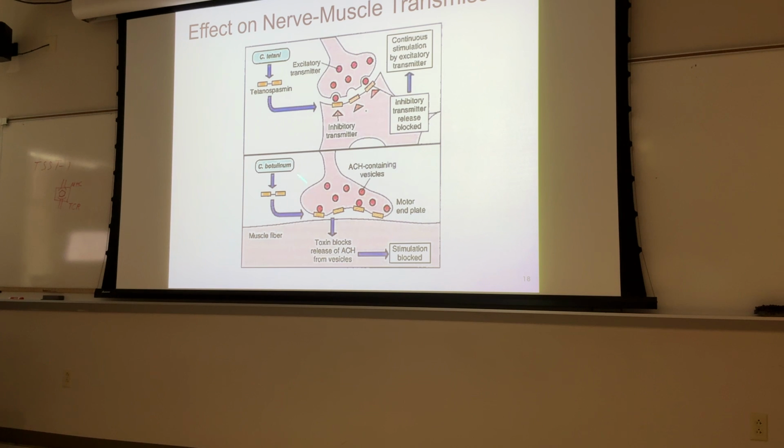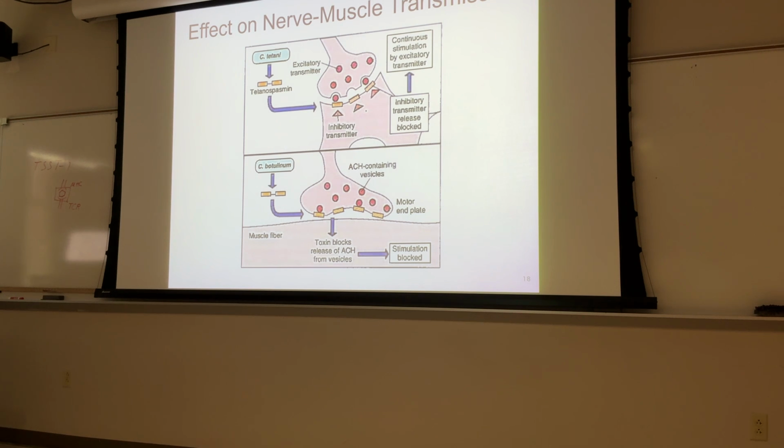This is how tetanus and botulinum toxins work. Clostridium tetani, again, makes the tetanus toxin, sometimes referred to as tetanospasmin. It blocks the release of inhibitory neurotransmitters, and that results ultimately in muscle contraction. So spastic paralysis, generalized spastic paralysis. Muscles are going to stay locked on and contracted. Clostridium botulinum is going to go in the opposite direction.